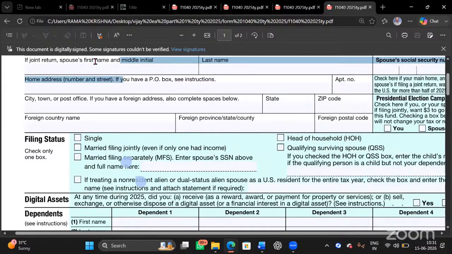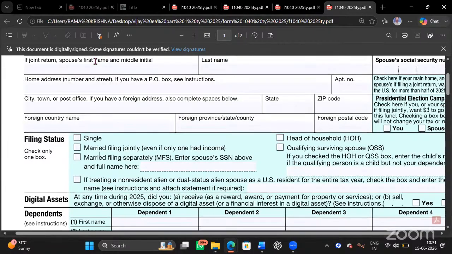Single, married filing jointly, married filing separately, head of household, right side, qualifying surviving spouse. Totally we are having the 5 types of status for each taxpayer. Based on this selection, tax rates and amounts will be changed automatically.